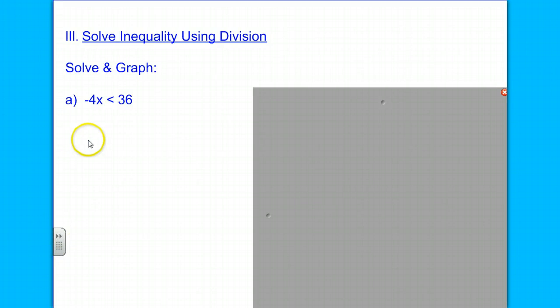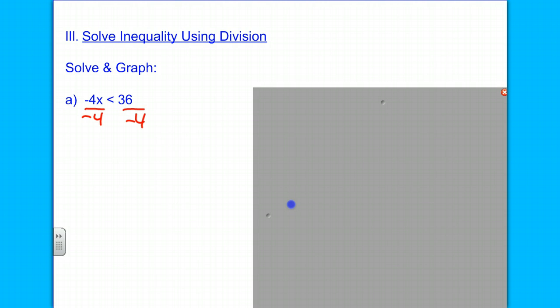So, solve and graph. Solve means isolate the variable. And how do we do that here, Braden? Divide both sides by -4. Good.